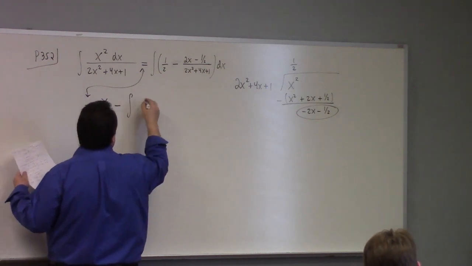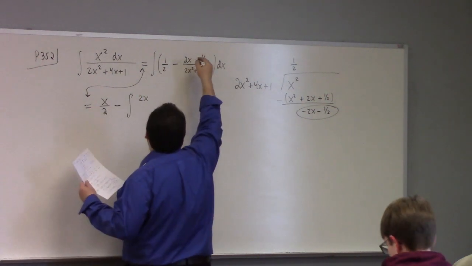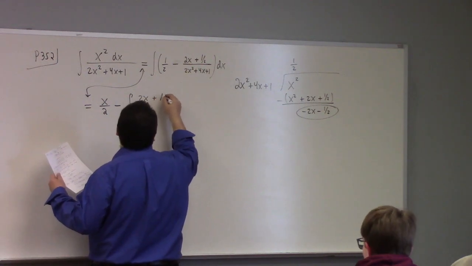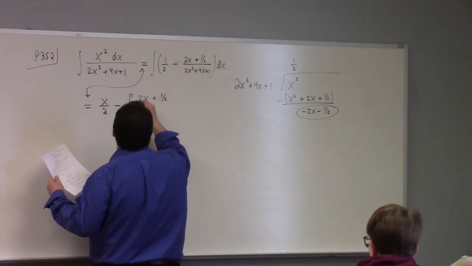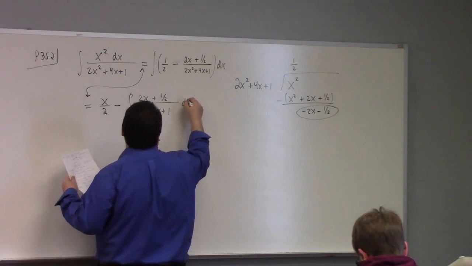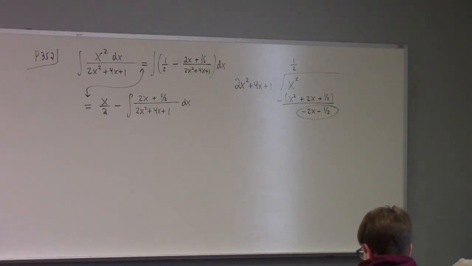And then minus the integral of 2x plus 1/2, I factored the minus out, over 2x squared plus 4x plus 1 dx. So then what?